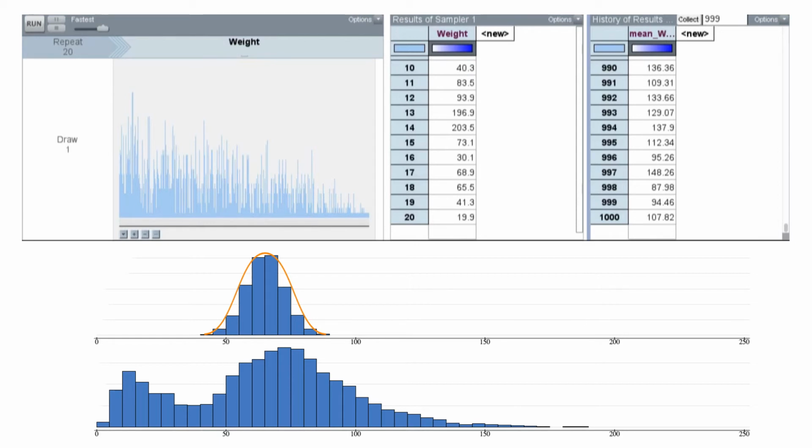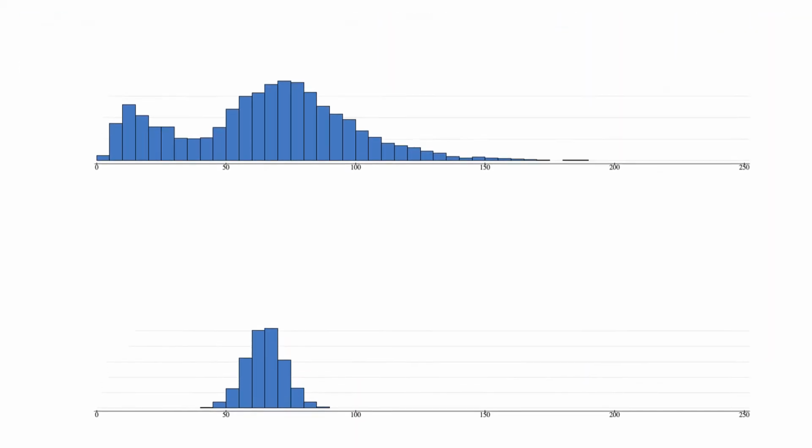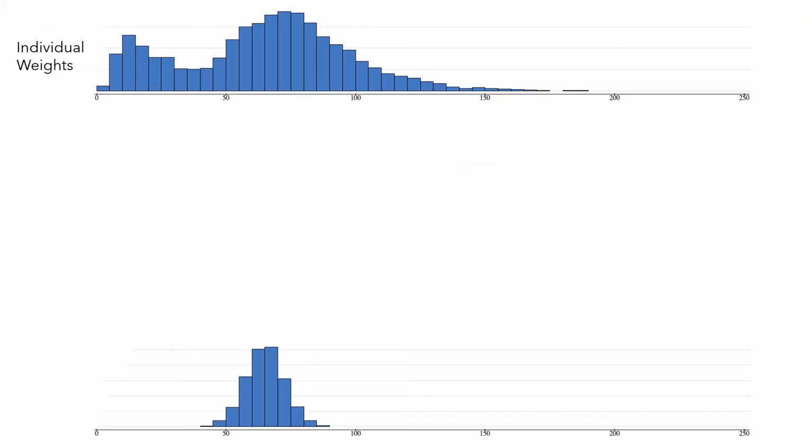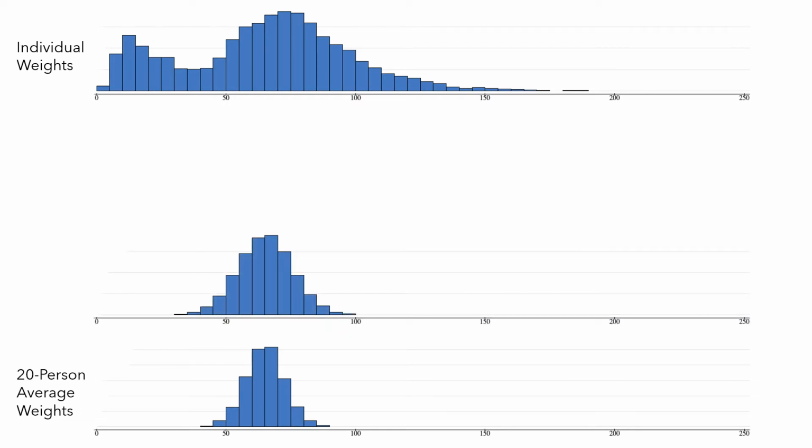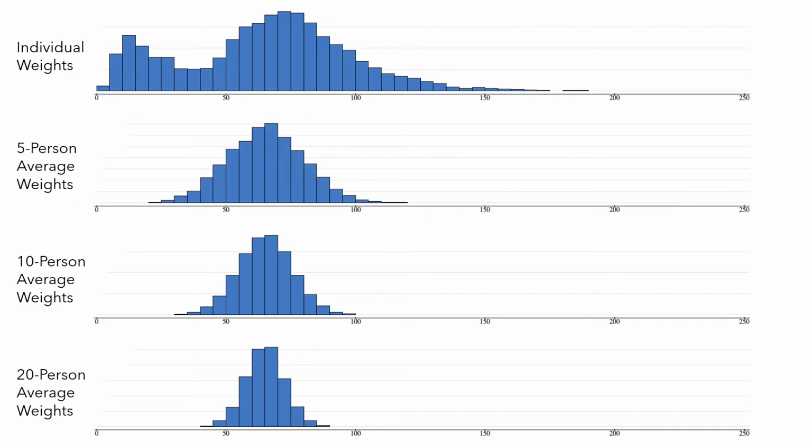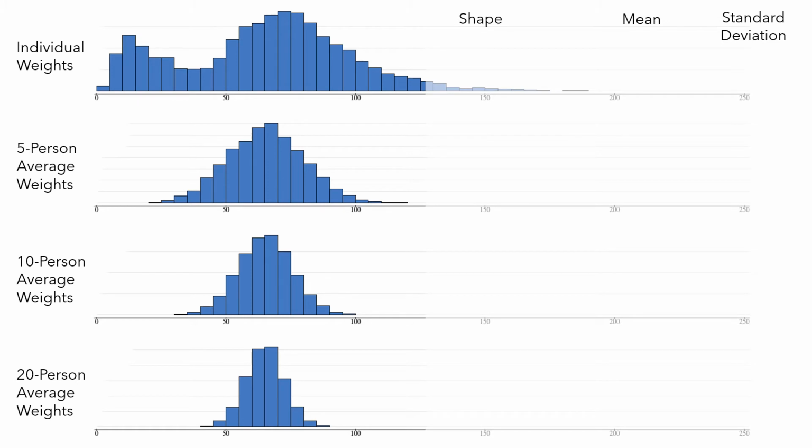Let's take a look at all of the distributions we've generated. So we had our distribution of individual weights, our 20-person average weights, our 10-person average weights, and our 5-person average weights. And we can compare the shape, center, and spread of these distributions. For the individual weights, the distribution is bimodal and skewed to the right.